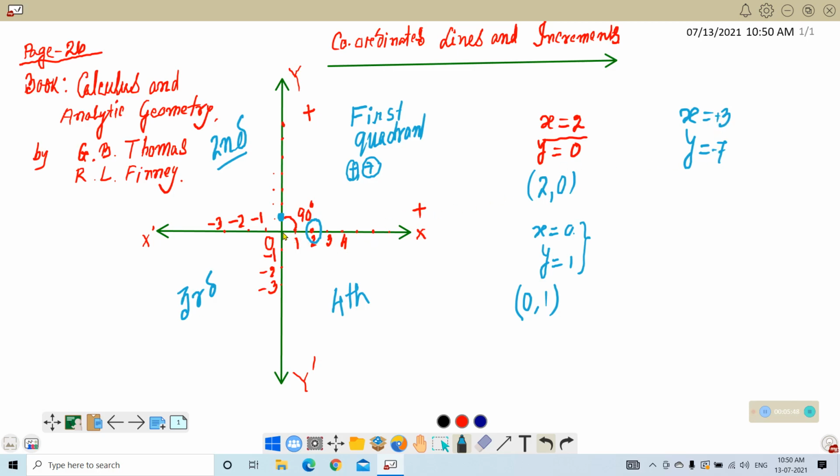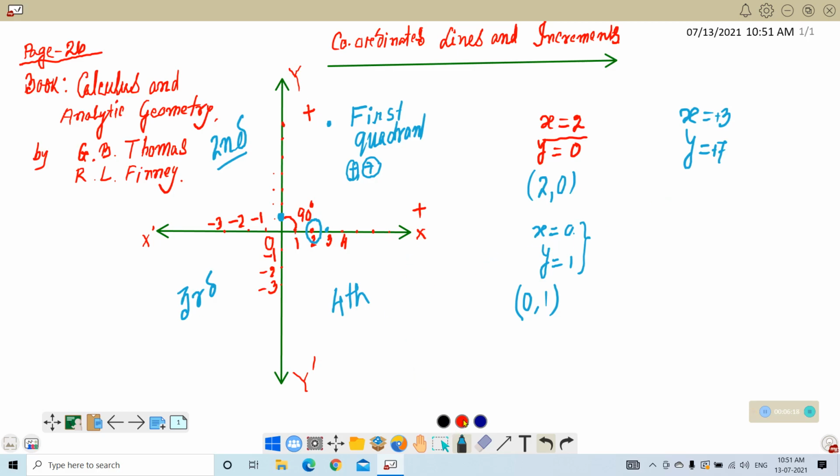So x is equal to 3: 1, 2, 3, and y is equal to plus 7: 1, 2, 3, 4, 5, 6, 7. So this point corresponds to x is equal to 3 and y is equal to 7.